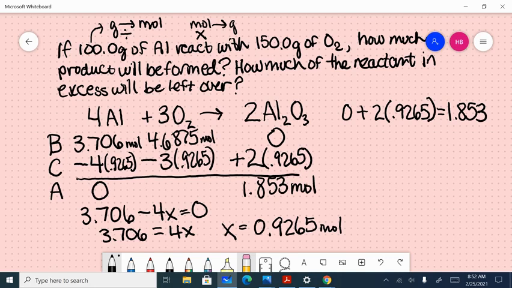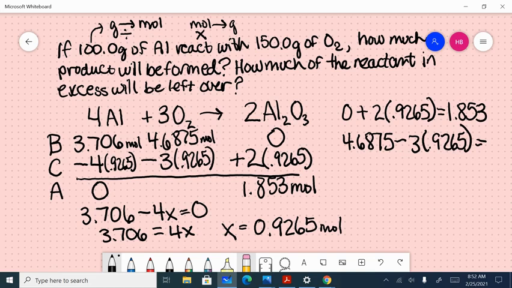Now, how many moles of oxygen are left over comes from this column here. And that's 4.6875 minus 3 times 0.9265 equals.